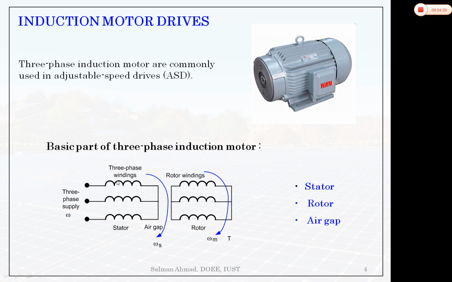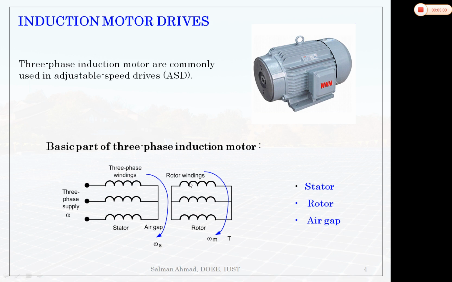Now this will produce a magnetic field which is rotating at synchronous speed, that is decided by the number of poles and supply frequency. So this speed is dependent upon the supply frequency as well as the number of poles in the stator winding. Now this magnetic field rotating at synchronous speed will cross the air gap and it will cut the conductors in the rotor winding.